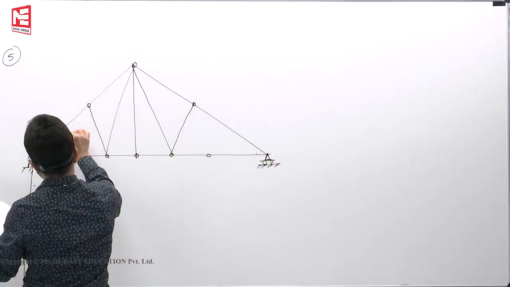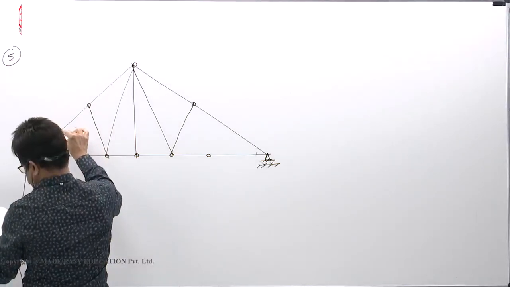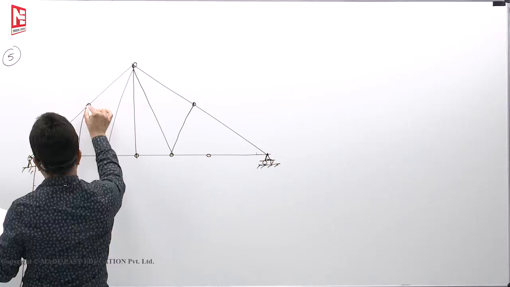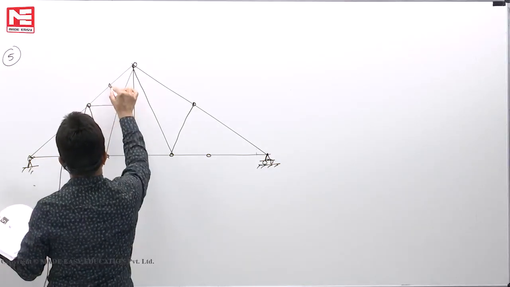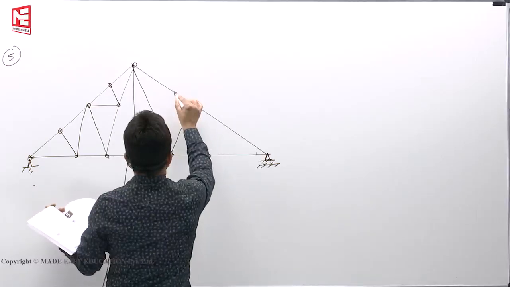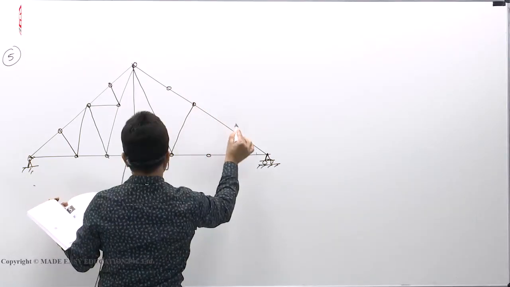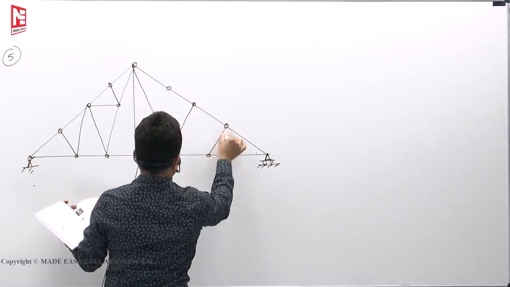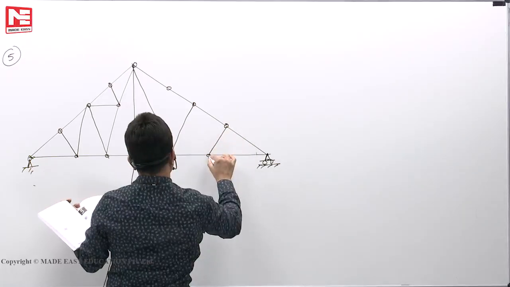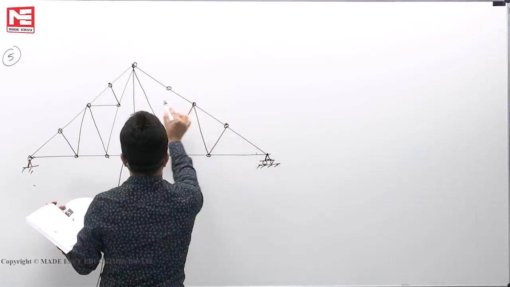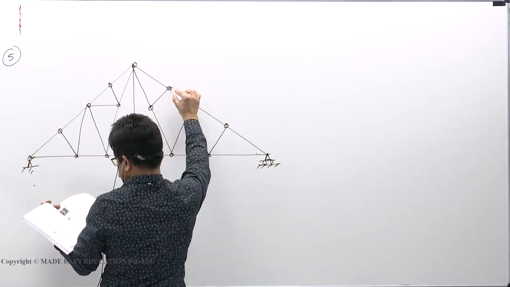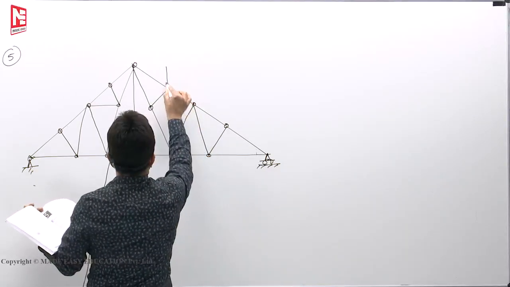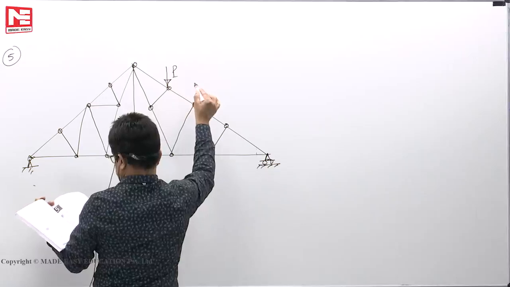There is one more member here connected. Then there is a horizontal one connected like this. Same thing here. It's connected like this. Then here there is one horizontal member, there was an inclined member, there is a load P.